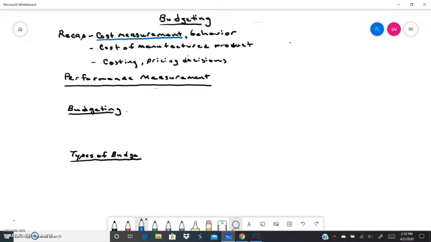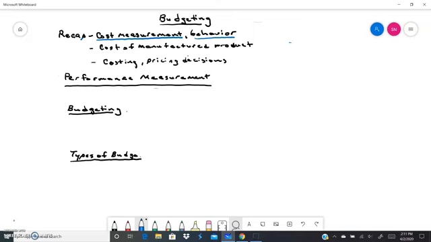Then we spent two chapters really looking at the different behavior of costs, variable costs and fixed costs. We introduced the concept of contribution margin, and that was all really to understand what's the effect on our cost structure of changes in volume and changes in cost that arise.